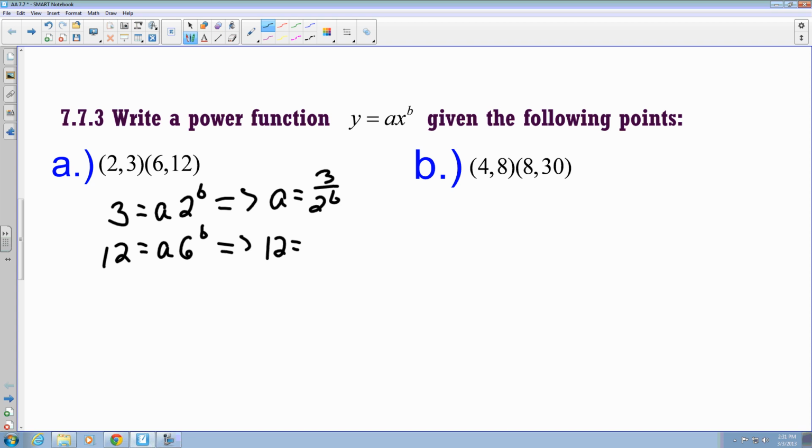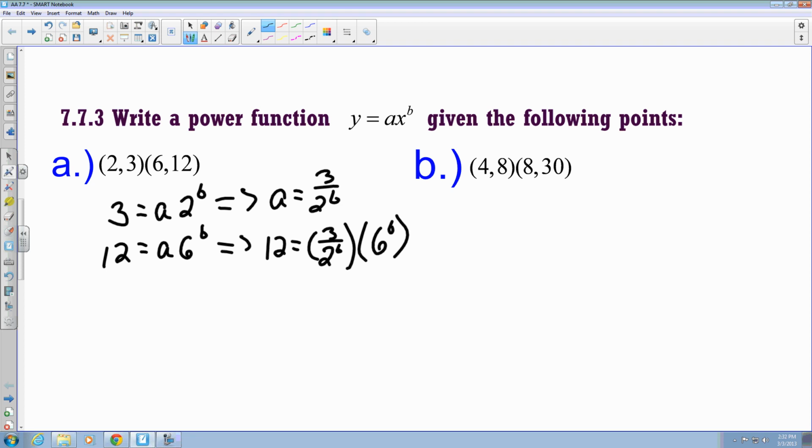12 equals 3 over 2 to the b, or I'm sorry, that's wrong. Let me erase that. This one is 3 over 2 to the b power, I apologize, all multiplied by 6 to the b power.